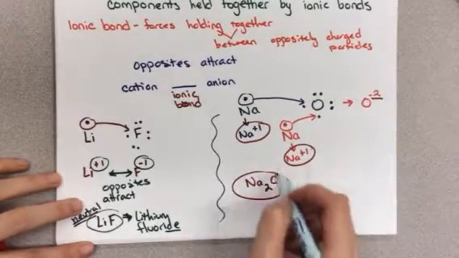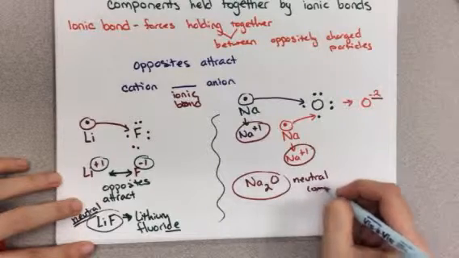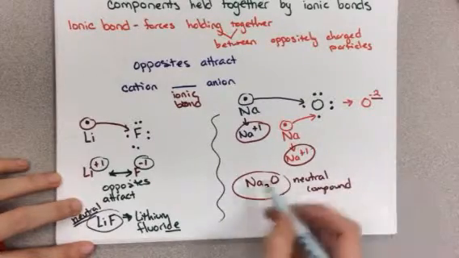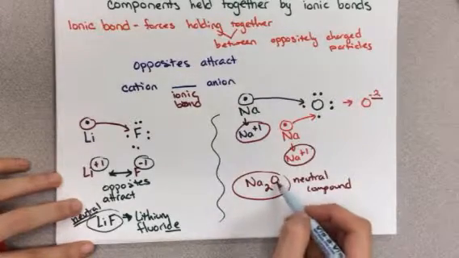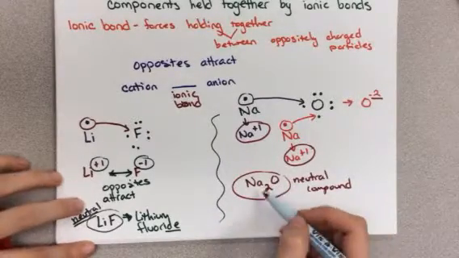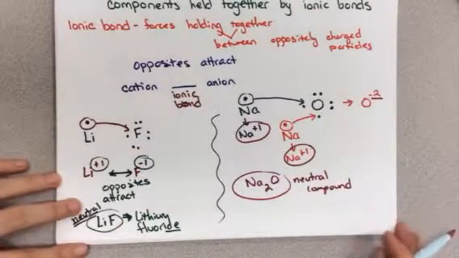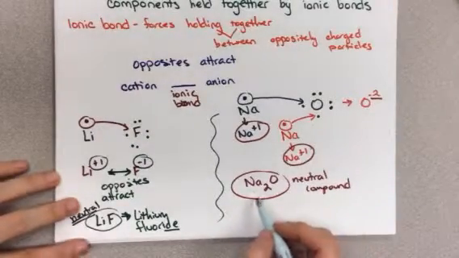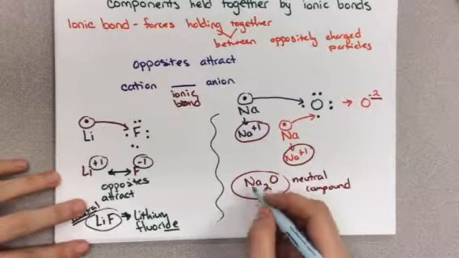But again, keep in mind, this is a neutral compound. So the positive charges on the sodiums are canceled out by the negative charge on this oxygen. And it always has to ultimately be neutral. Now, if we're going to name this compound, we're looking at the first part, the first atom, which is sodium.